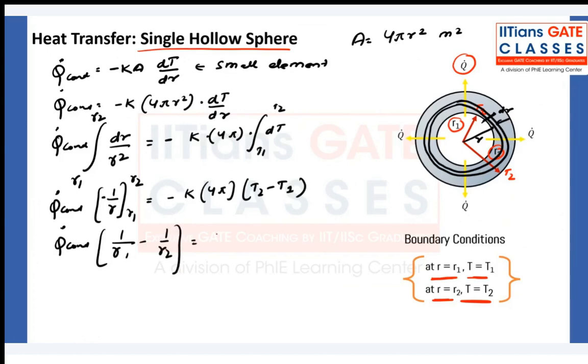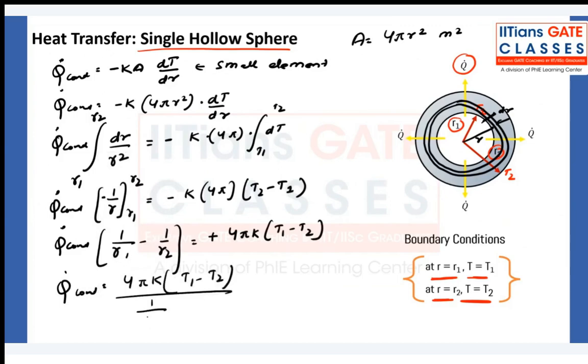Now I will take plus 4 pi K and swap the temperature values. So Q dot conduction is equal to 4 pi K (T1 minus T2) over (1 upon R1 minus 1 upon R2), or it can also be written as 4 pi K R1 R2 (T1 minus T2) over (R2 minus R1).